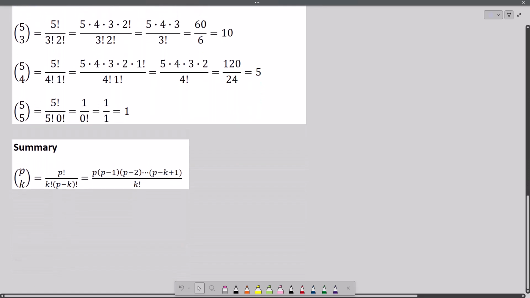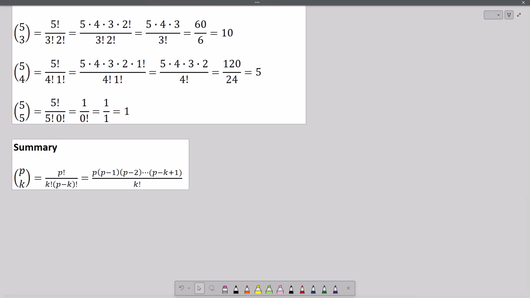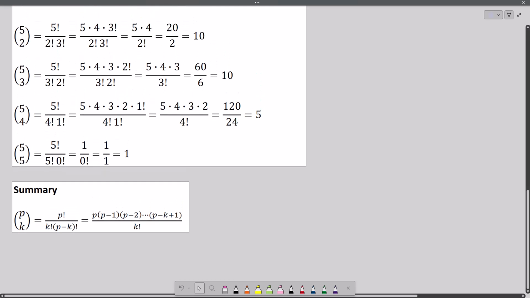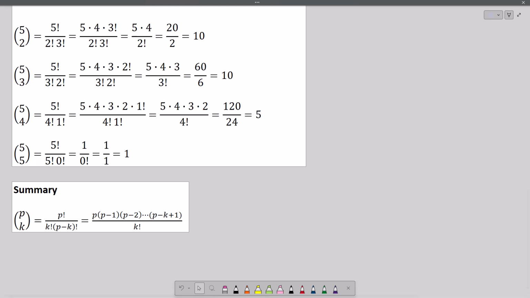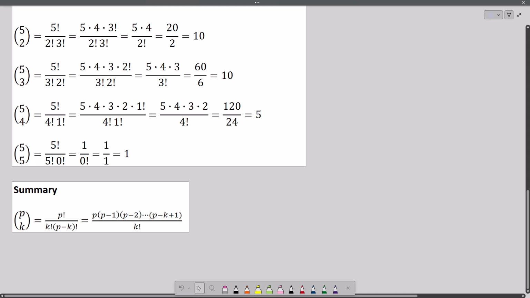Now, we can shortcut this. That notation right there has a factorial in the numerator and 2 factorials in the denominator. If you look at this step all the way down, notice that this 3 factorial, the p minus k factorial, that piece always can cancel.